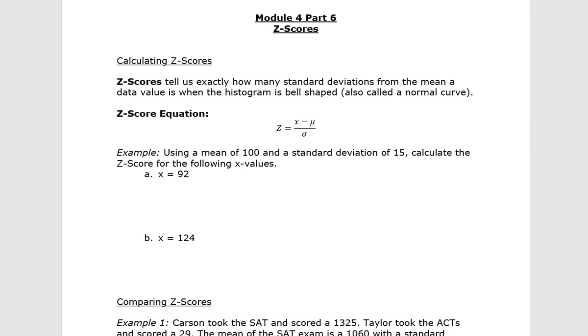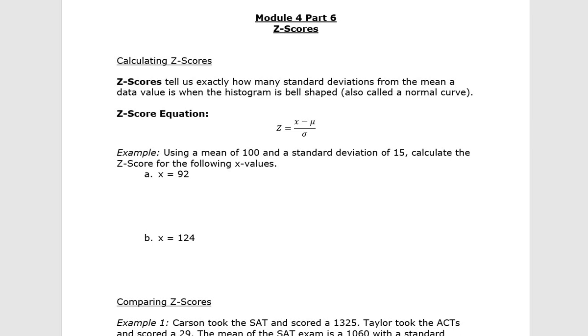So when we are dealing with normally distributed data, we will be able to use the z-scores to determine how far a data value is from the mean in terms of standard deviations. We usually need the z-scores to compare two values from two different sets of data relative to their mean.